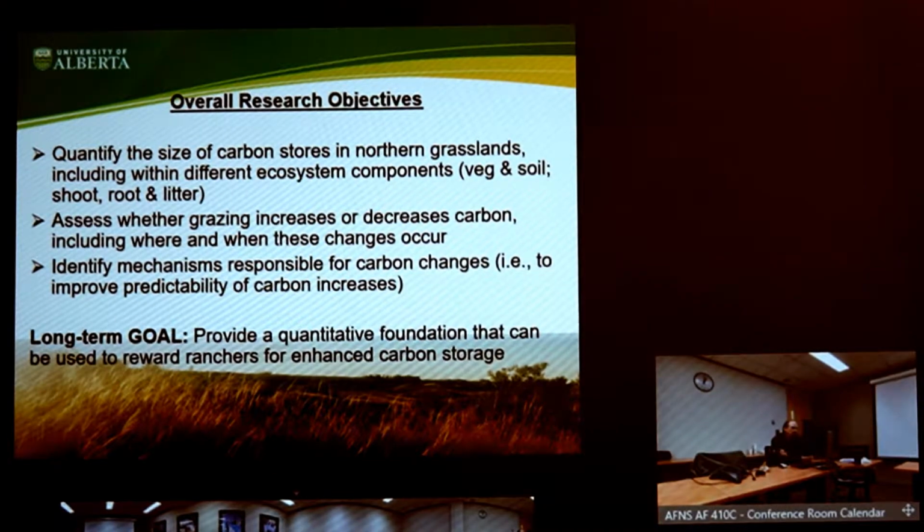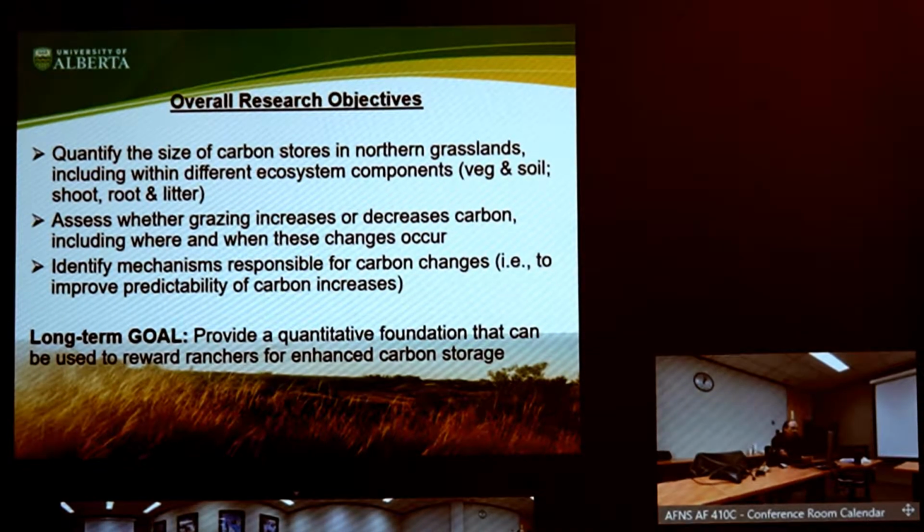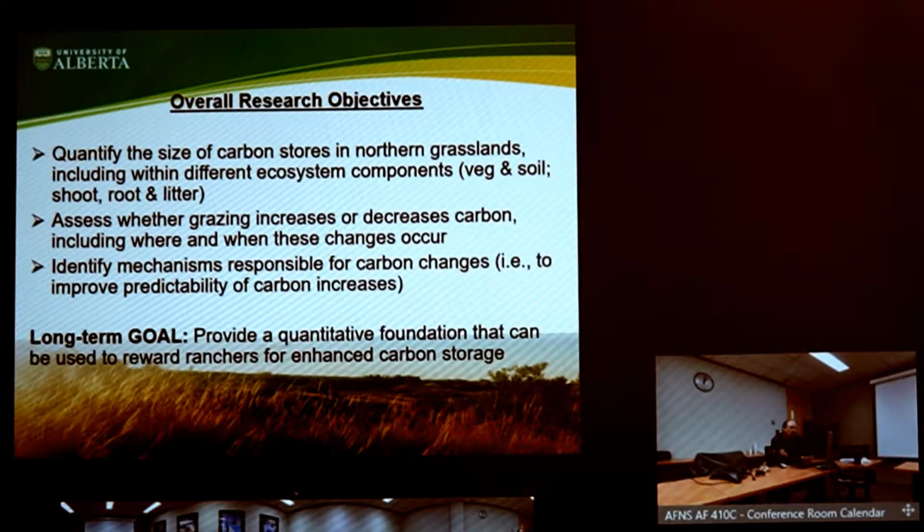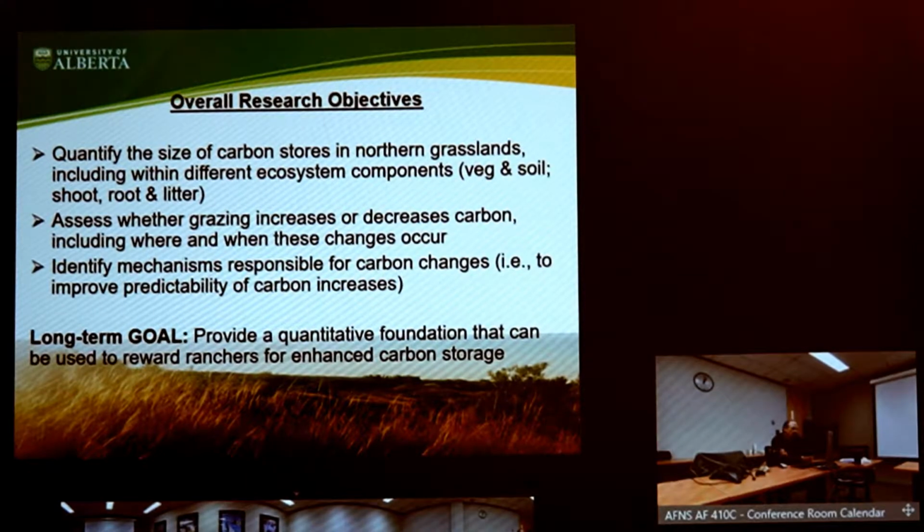And then the other piece in this is really to try to get a handle on whether, and if so, where and when livestock grazing specifically increases or decreases soil carbon.